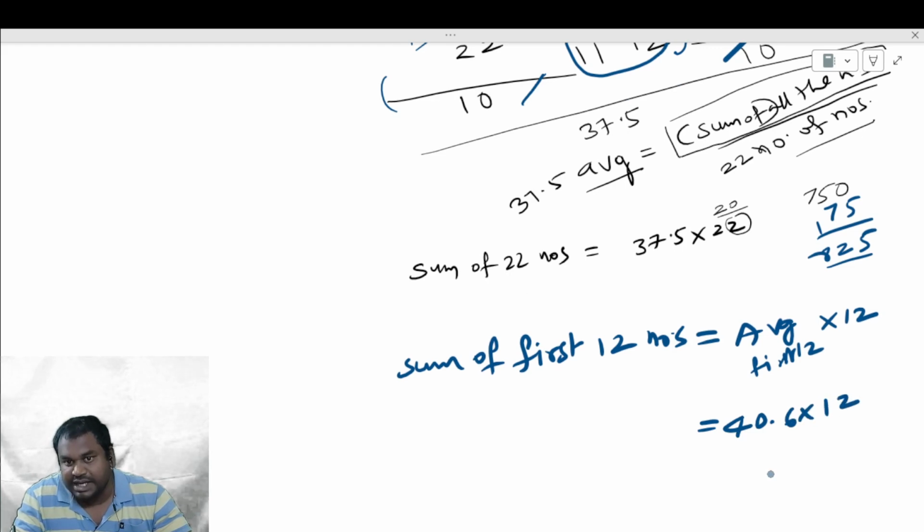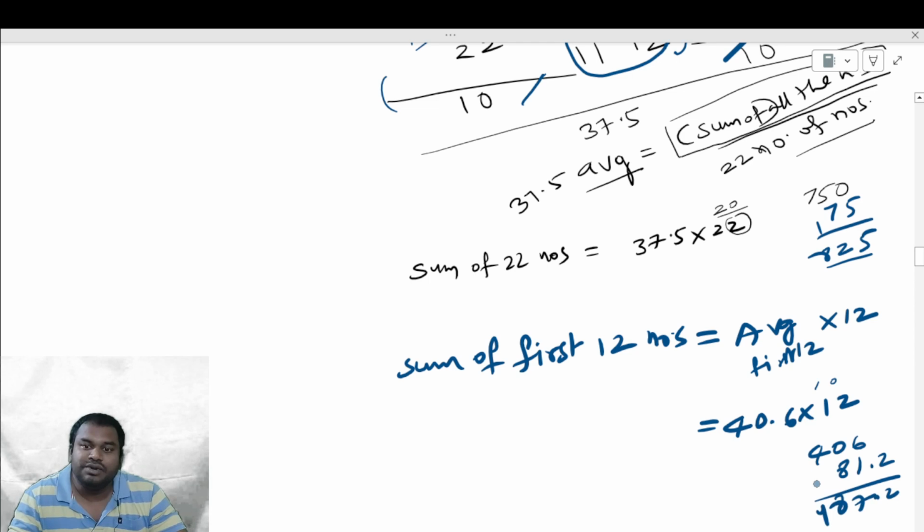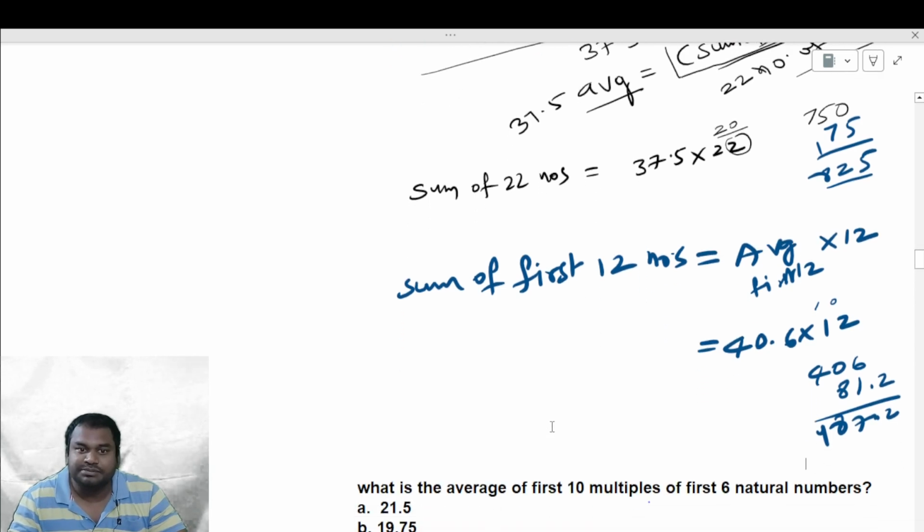You can directly go with the multiplication. Now the same way, assume it as 10, 406 first you'll get. 40.6 into 2 is 81.2. Just add 81.2 to this. So 487.2. You got 487.2. Keep it aside.